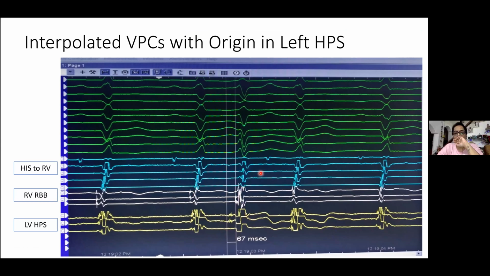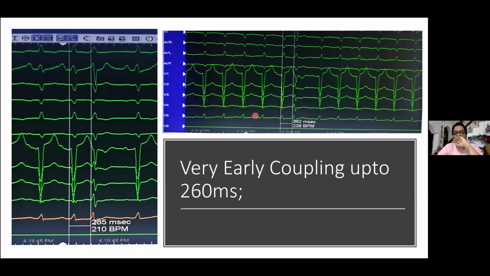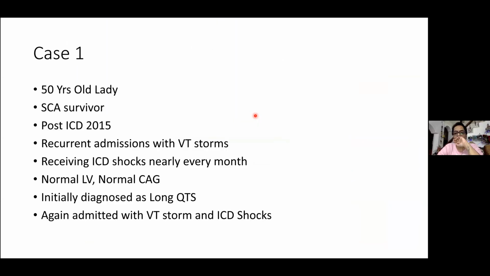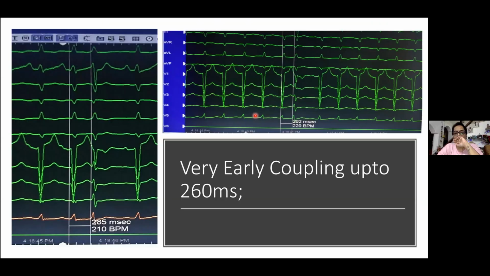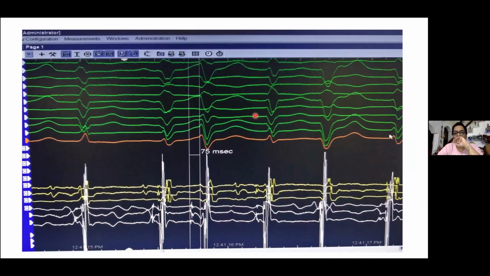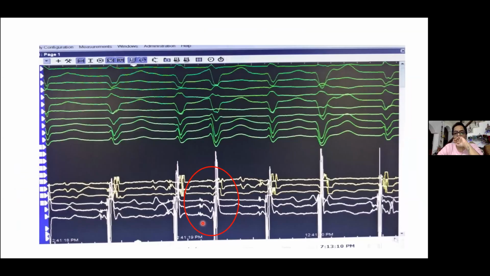My hypothesis for this narrow PVC and this kind of morphology, and I don't know if anybody else has any other hypothesis, is that we are seeing a very early ectopy, for example this one, conducting retrogradely.